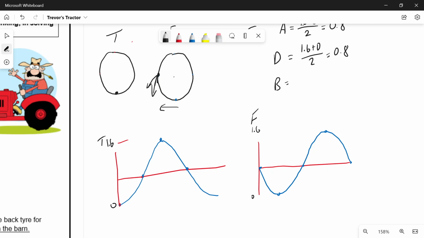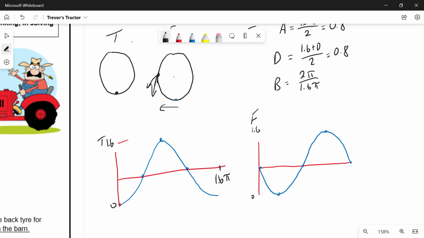So the distance is 2 pi times the radius, which is 0.8. Okay, so that is actually 1.6 times pi. Okay, so that's the distance, and that is also the period. So 2 pi on 1.6 pi, because this is t.